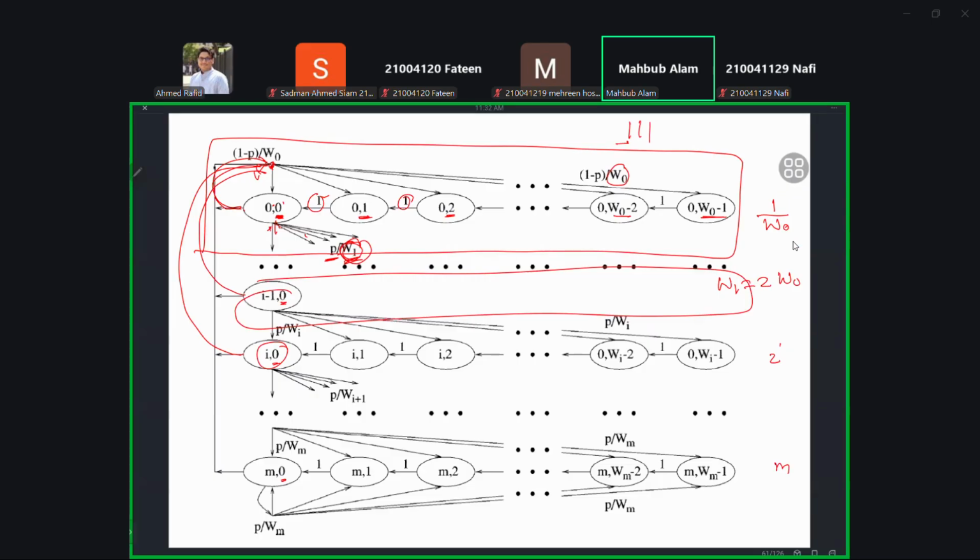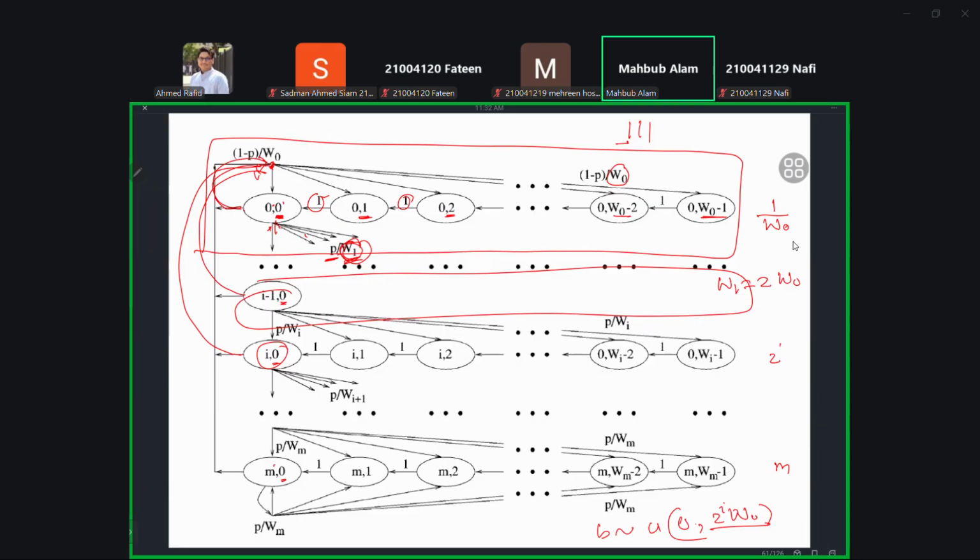So in short, for a frame, whether it's fresh or retransmitted, a backoff window value is first chosen, which is 2 to the power i times W0. W0 is CWmin. Uniformly, a backoff value is chosen. Once the backoff value is chosen, the station in each free slot decreases the backoff value by 1. When the backoff value reaches 0, irrespective of the stage, it transmits.